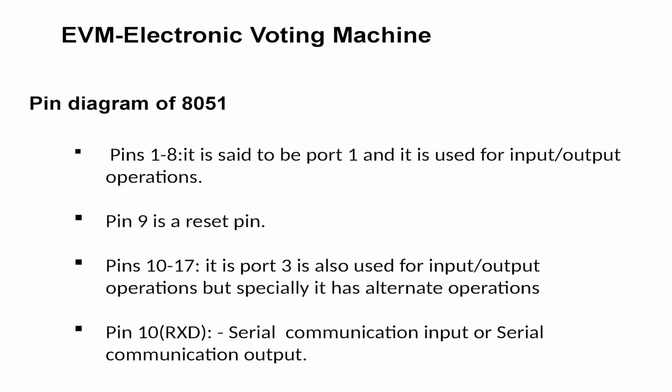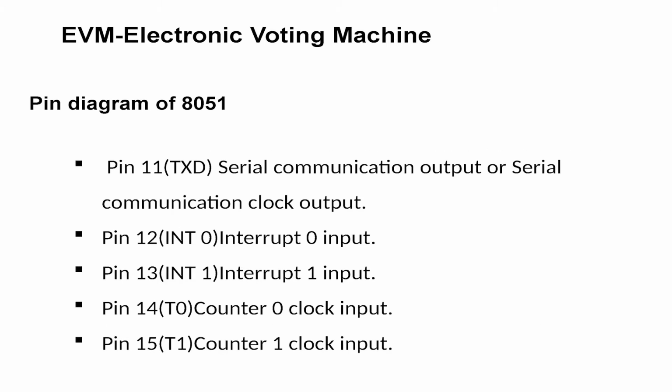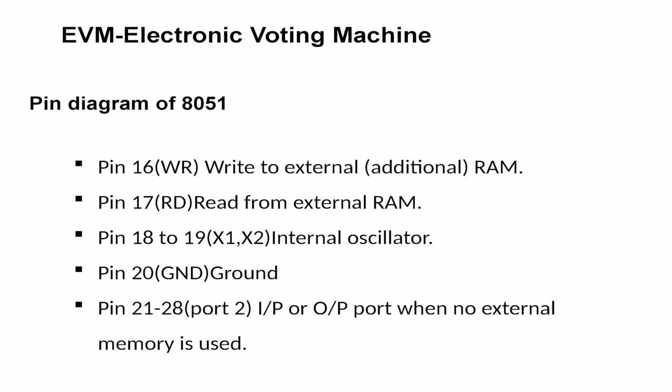Pin 10 is used for serial communication if we connect more than one microcontroller in series. Pins 11 to 14 are used for counters and interrupts. Pin 16 is used to write to external RAM if we use external memory, and pin 17 is used to read from external RAM.